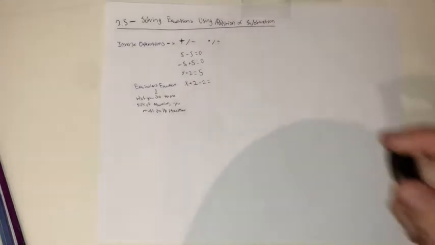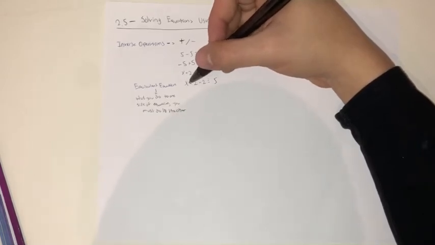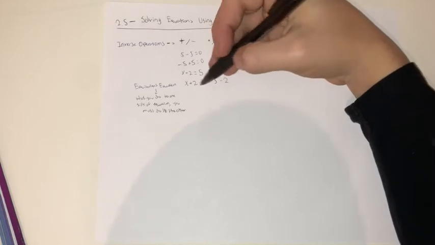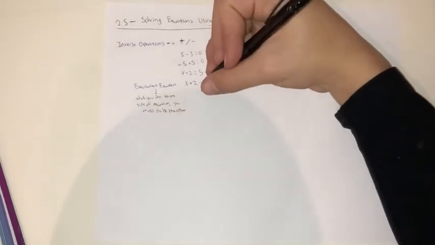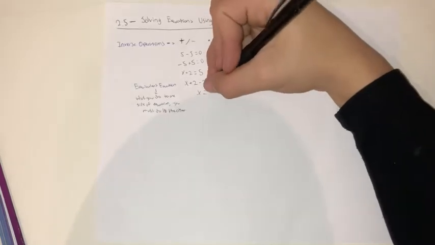So if you have 5 on this side and you subtracted 2 from this side to get rid of the positive 2, then you would have to subtract 2 over here to keep an equivalent equation. So here you would get x equals 5 minus 2, which is 3.